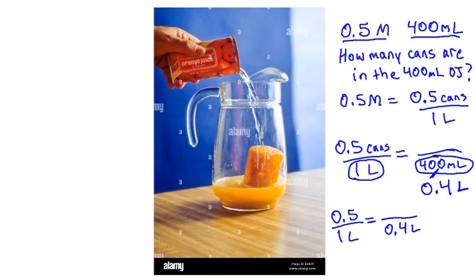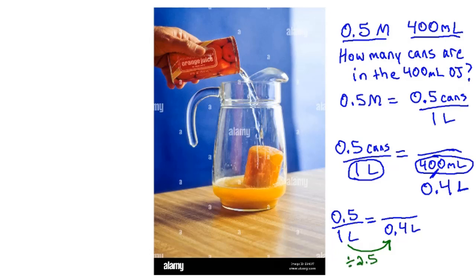Well, we're going to look and see that if you take 1 liter and turn it into only 0.4 liters, then that is dividing the 1 liter by 2.5.